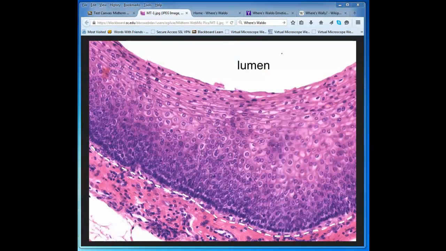This question, everybody did very well. Actually, 90% of the class answered correctly, and the question stated, in one word, what is the shape of the cells at the surface of this tissue? And they are flat, and you can see that mostly by the shape of the nucleus. It's a flattened nucleus, and that indicates a squamous cell.